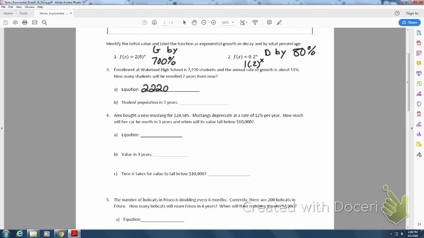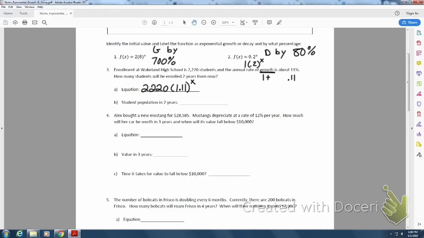Gabby, what would my B value be? If it's growth, then I need to do 1 plus 0.11. So my B value is going to be 1.11. And then I would raise that to the power of x.